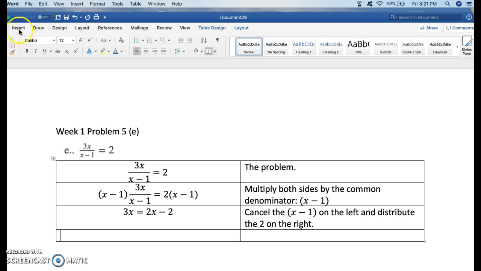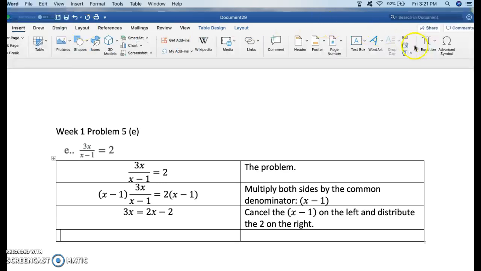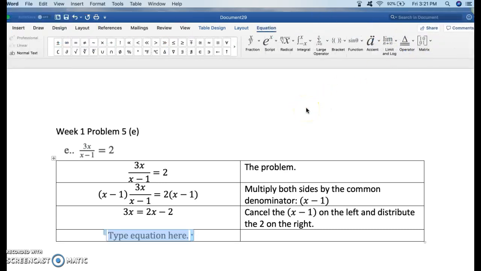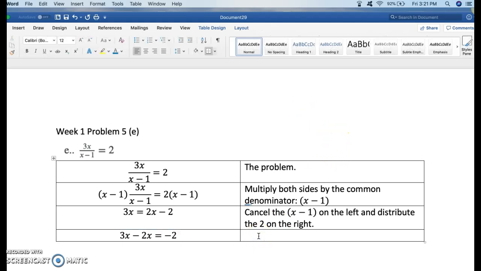Then I would insert again the equation, and I would have 3x minus 2x is equal to negative 2. And say move all x's to the left.